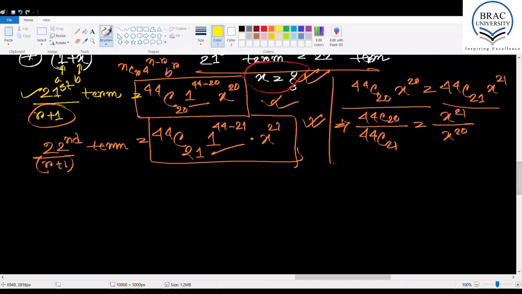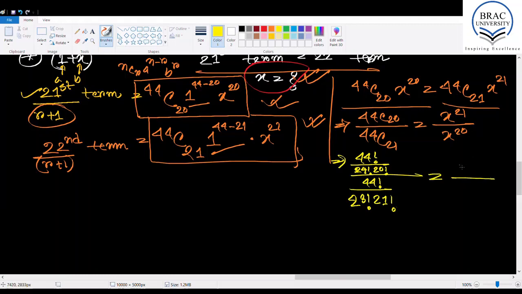So here we will get 44 factorial divided by, according to the formula, 24 factorial into 20 factorial, divided by 44 factorial divided by 23 factorial into 21 factorial. We all can remember that formula of nCr equals n factorial divided by n minus r factorial into r factorial.